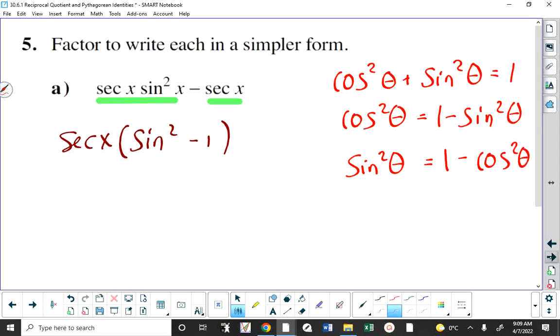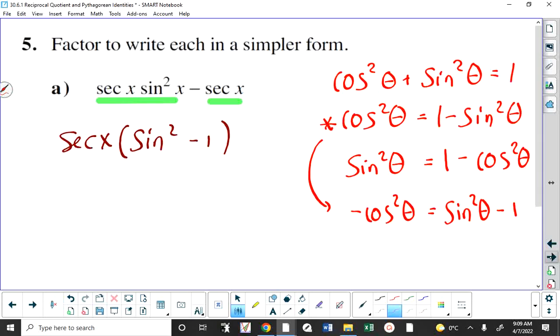But now, and I don't know that you have to memorize these, I'm just pointing out to you that there's many ways to rearrange this very, very important identity at the top right of the screen. I could write negative cos squared of theta equals sine squared of theta minus 1. I could multiply that asterisked equation by negative 1 and get negative cos squared, and then get sine squared minus 1.